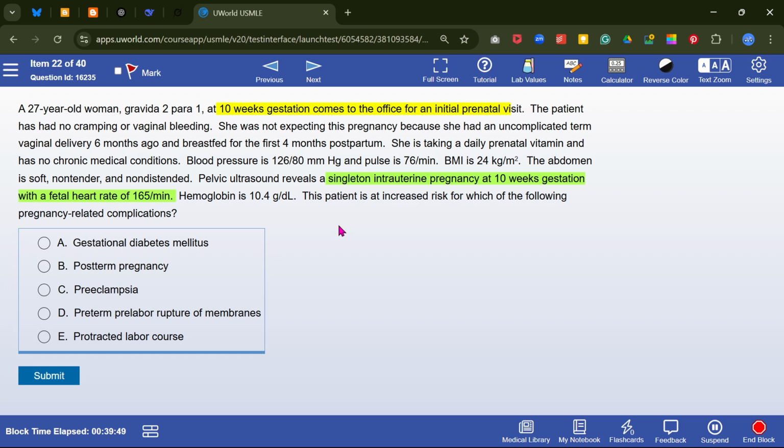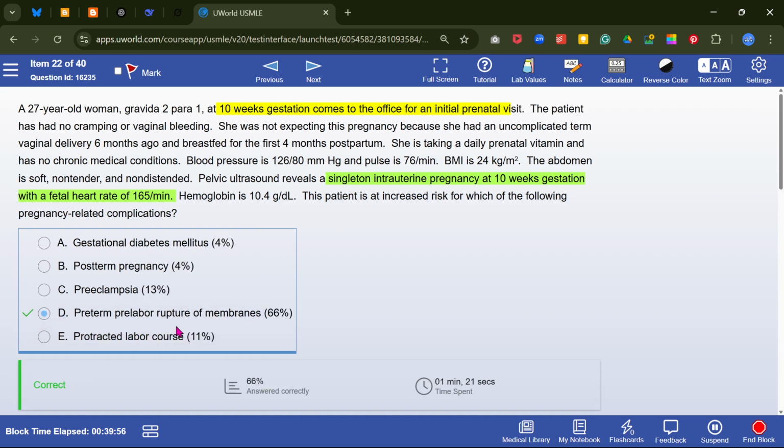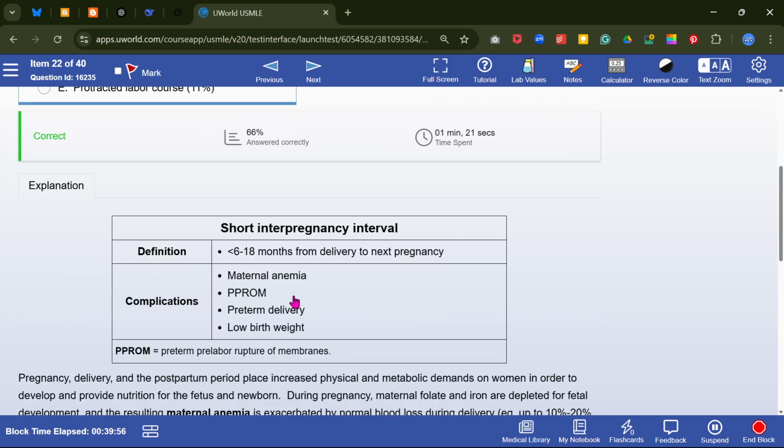As far as I remember, less than 6 months. Normally 6 to 18. If it is less than 6 to 18 months from delivery to the next pregnancy, this is short pregnancy interval, and it can cause PPROM.